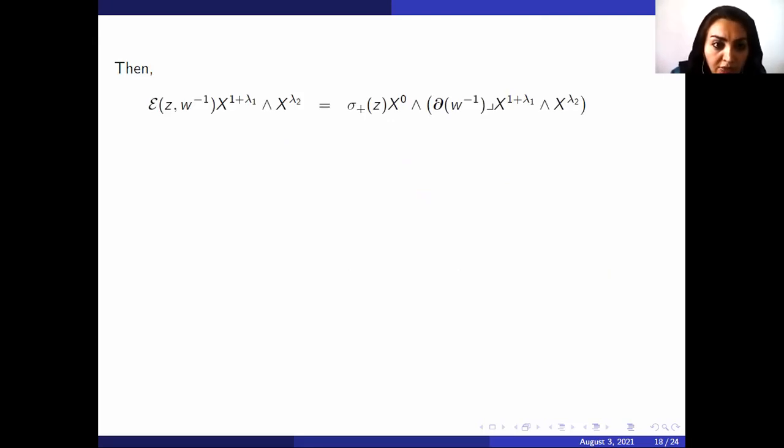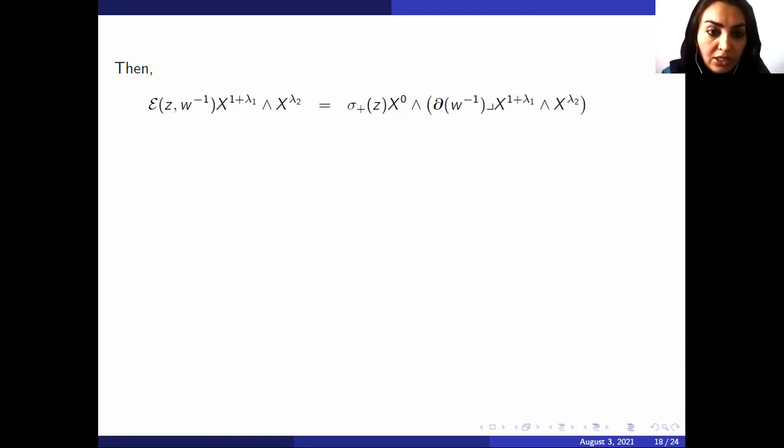Now let's go on with our example. Let's take in this formula R equal 2, and work with wedge 2 V. So a typical basis element of wedge 2 V is x lambda, as I wrote here, x lambda 1 wedge x lambda 2. By definition, it is sigma plus Zx0 wedge this parenthesis, this contraction.